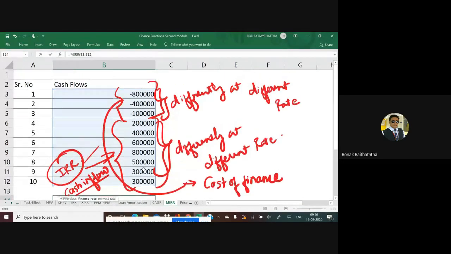Here in this case, cost of finance is not given to you, so I am assuming that cost of finance is 12%. And the reinvestment rate, that is the expectation rate we have from the cash inflow, is 18%. So cost of finance is 12%, and the reinvestment rate we want is 18% from the cash inflows.